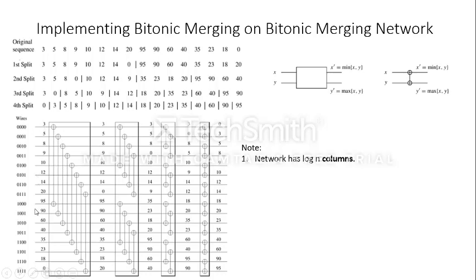It is the x value and the y value which are being compared, as you can observe from this figure. So this 3 is compared with 95. Similarly, this value 5 is compared with 90. Similarly, this 8 is compared with 60, and so on.